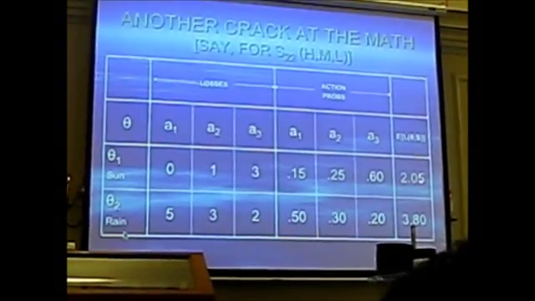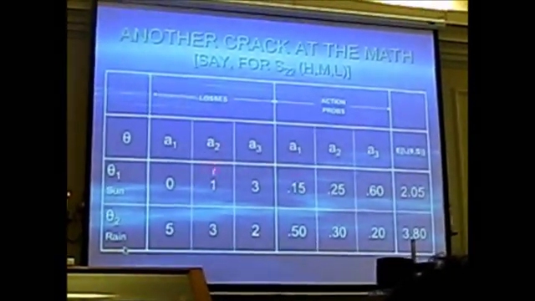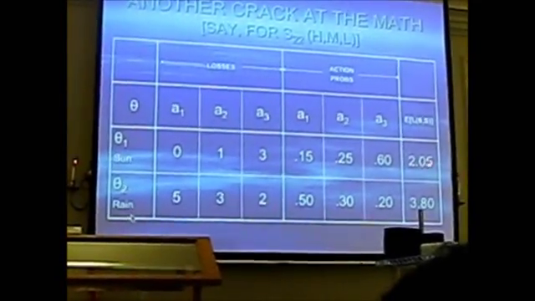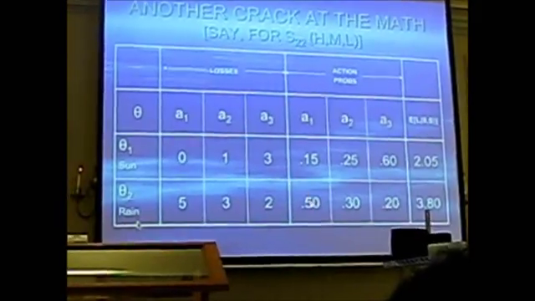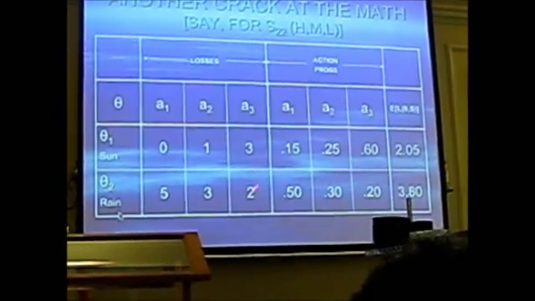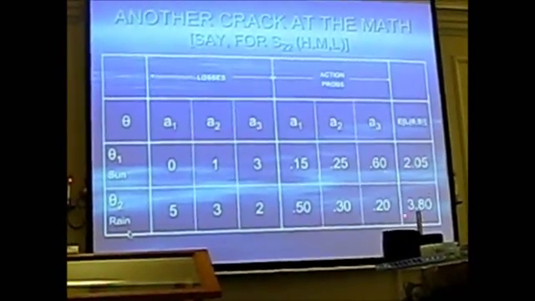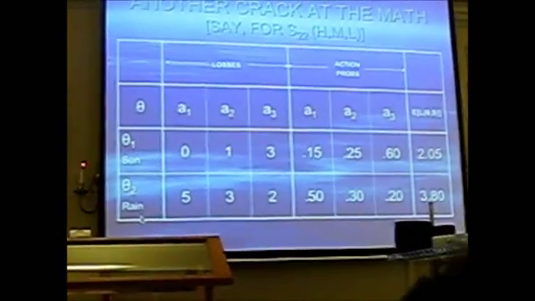And you get the 2.05 by taking 0 times this, 1 times this, 3 times this. And 5 times 0.5, 3 times this, 2 times this. So these are the expected losses if you take the S22 strategy, which was the opposite of S6.